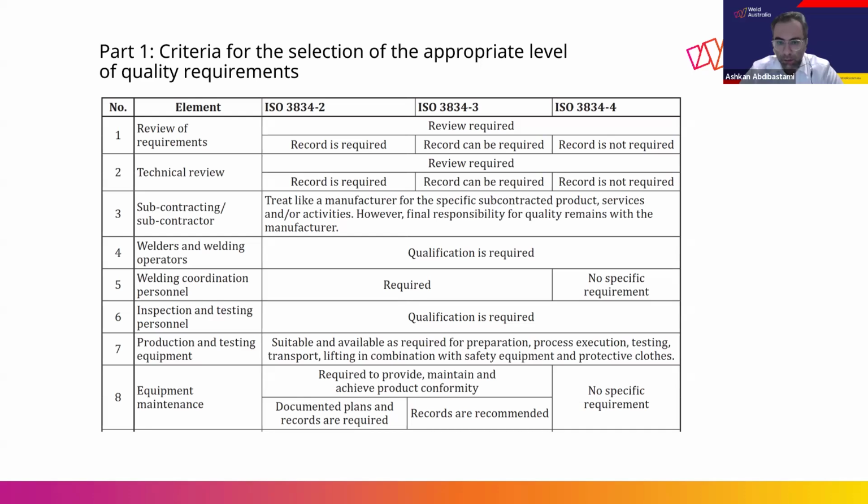For part 3, as you see, a record can be required. When we say can be or if required, it's just about client requirements. If you have a client that doesn't mandate a technical review checklist or contract review checklist, that's your option. But if you're complying with part 2, the comprehensive quality requirement, the checklist is mandatory.